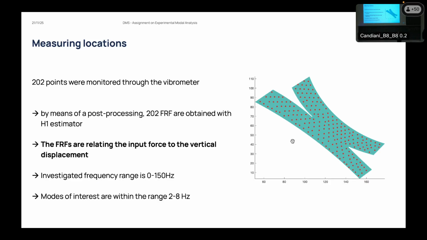We span over a pretty large frequency range, from 0 up to 100 Hz, but what you will focus on is just between 2 and 8 Hz, because the purpose is to estimate the modal parameters for the first 4 modes.